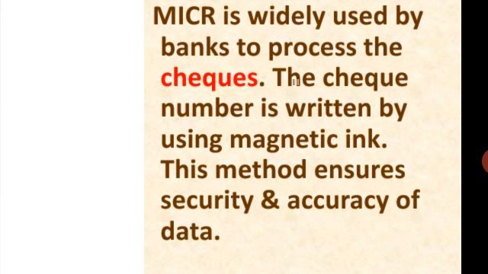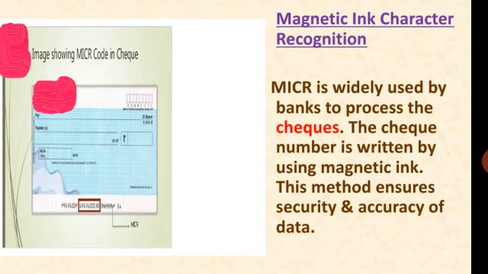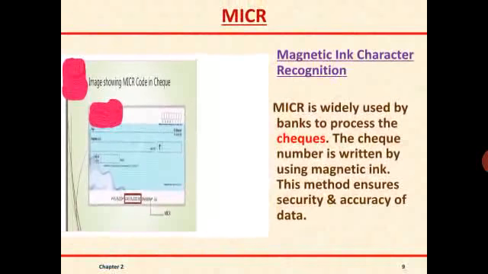But since it is made of magnetic ink and read by the machine, there are no mistakes. So checks are processed easily. Magnetic ink character recognition is basically used by banks to process checks.